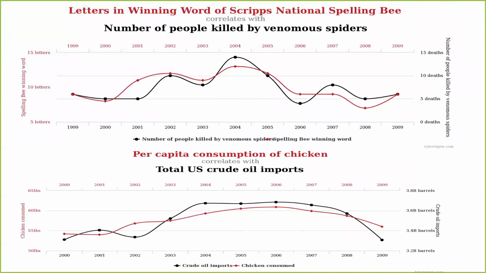No way in God's green earth. Or, oh, this one's just precious. How many chickens are eaten affects how much crude oil the United States imports. This is the essence of correlation does not imply causation.